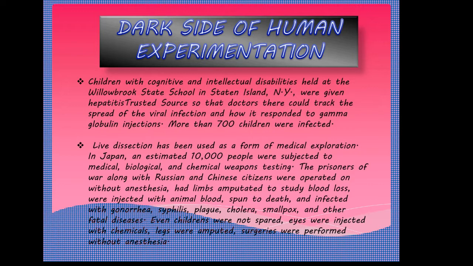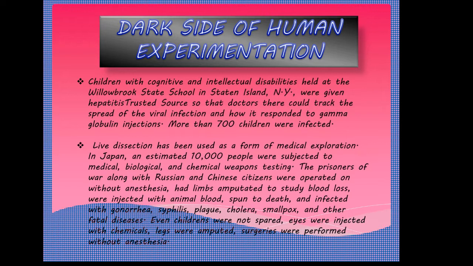Children with congenital and intellectual disabilities, special children, were not spared. They were also tortured. Children held at the Willowbrook State School in Staten Island, New York, were given hepatitis so that doctors could track the spread of the viral infection.